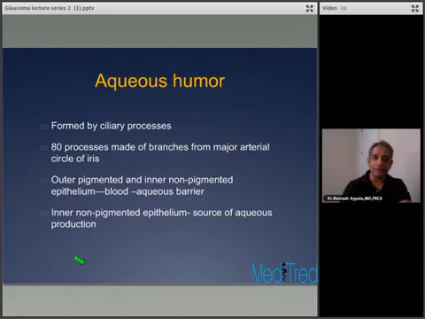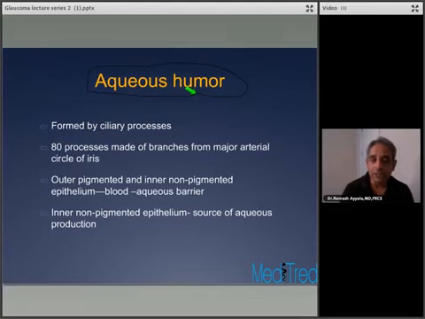Now, why do we need aqueous at all? That's the other important question that you need to ask yourself. What is the role of aqueous in the human eye? The aqueous humor provides nutrition to the lens and the inner portion of the cornea. That's the number one function.